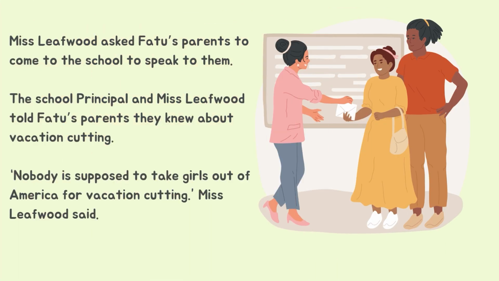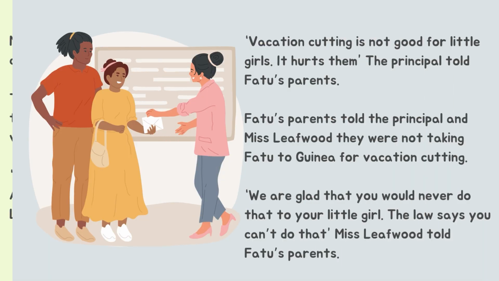Miss Leafwood asked Fachu's parents to come to the school to speak to them. The school principal and Miss Leafwood told Fachu's parents they knew about vacation cutting. "Nobody is supposed to take girls out of America for vacation cutting," Miss Leafwood said. "Vacation cutting is not good for little girls. It hurts them," the principal told Fachu's parents.